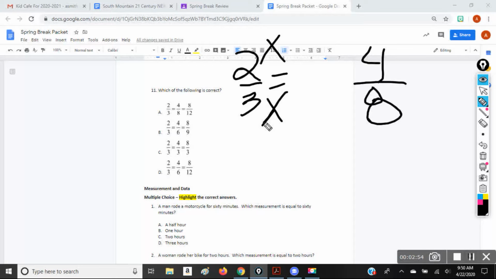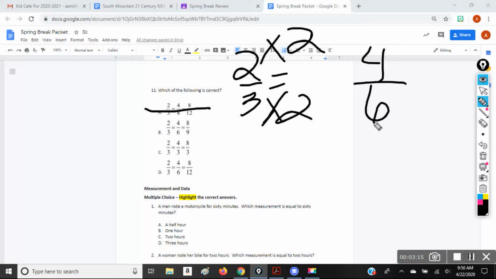And 2 times 2 is 4, meaning I would have to multiply 3 times 2, which is 6, not 8. So this one isn't correct. B, I see 2/3 is 4/6, and 2 times 2 is 4, 3 times 2 is 6.